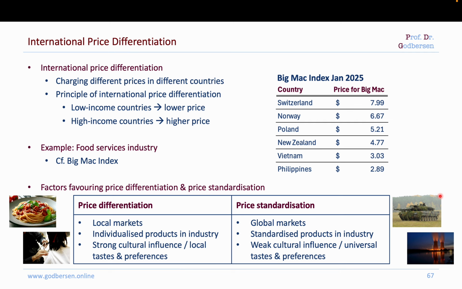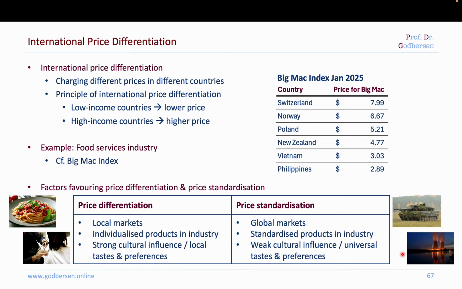Of course, you localize a bit with your weapons so that they can be integrated in the armed forces of the country you're selling to, but in essence, it's a rather standardized product and a standardized price. And the same could be applied to power plants and similar rather B2B or B2G products.